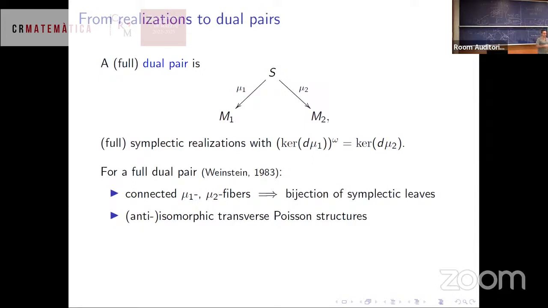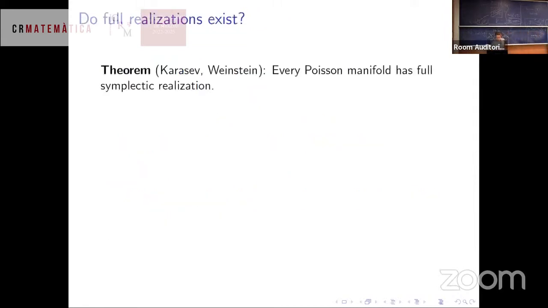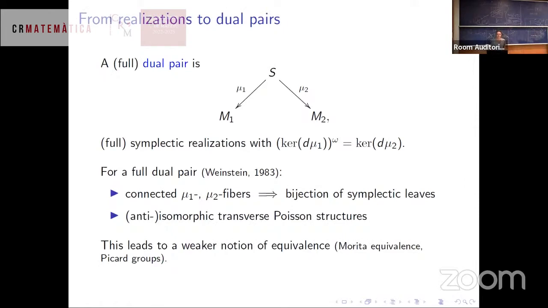If this was an equivalence relation... but if you want to turn that into an equivalence relation, you have to impose more conditions to be able to compose these diagrams and things like that. But that can be done, and this leads to a weaker notion of equivalence in Poisson geometry called Morita equivalence.